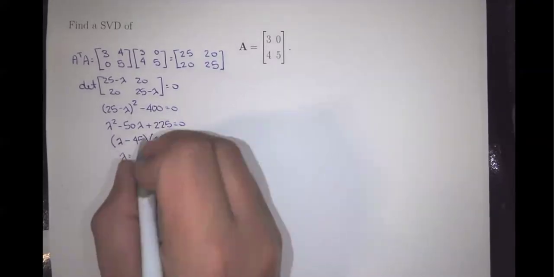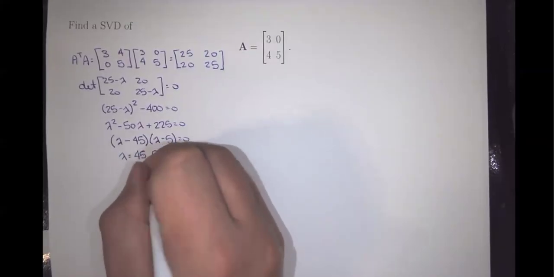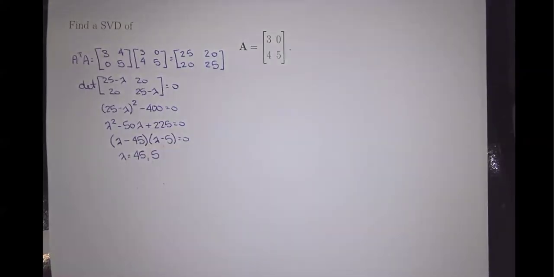So our eigenvalues are lambda equals 45 and 5. Those are the two eigenvalues that we want to start with. These are going to help form our sigma matrix. So we'll come back to that in a minute.